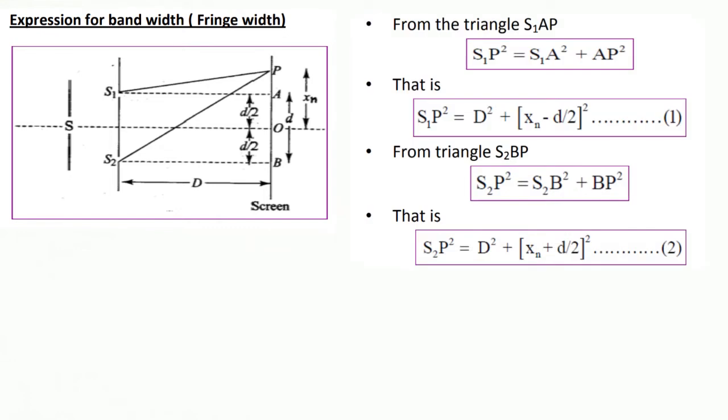From the triangle S1AP, S1P square is equal to S1A square plus AP square. That is, S1P square equal to D square plus (Xn minus d by 2) whole square. This is equation number 1.